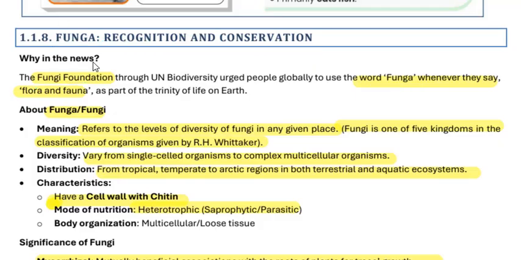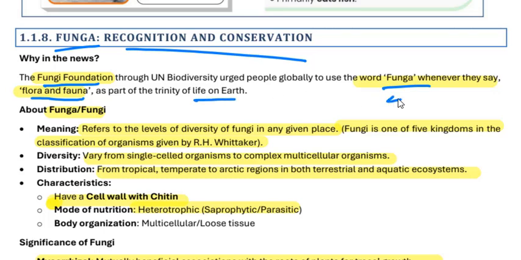Next is funga, recognition and conservation. The Fungi Foundation, through UN Biodiversity, urged people globally to use the word funga whenever they say flora and fauna, as a part of the trinity of life on earth. Actually, there is too much concern about the fungi.